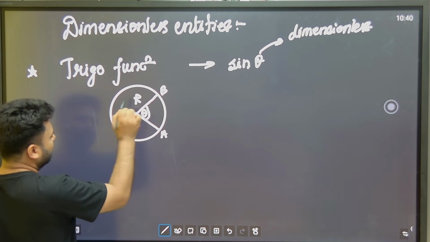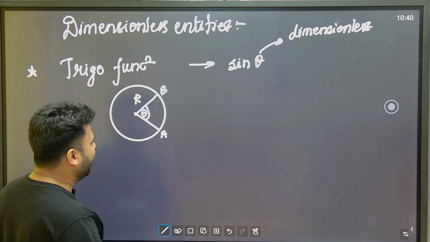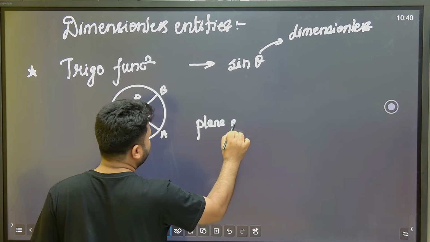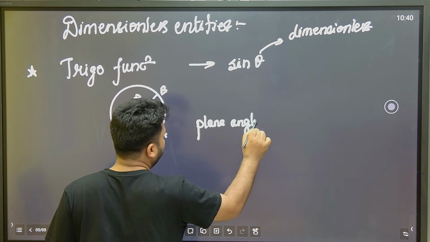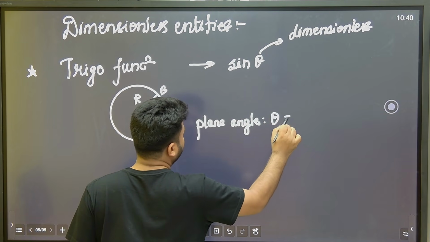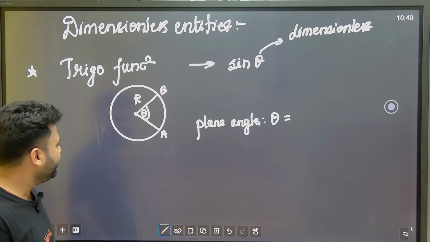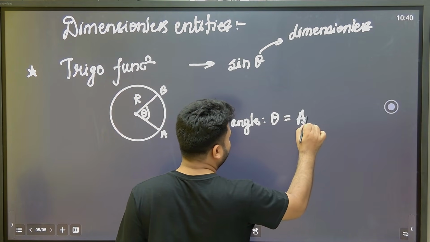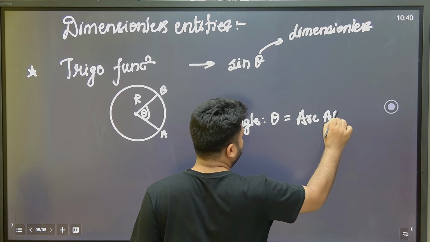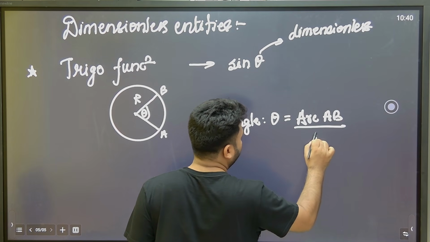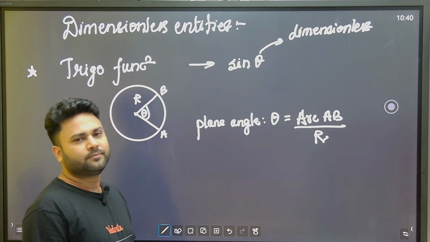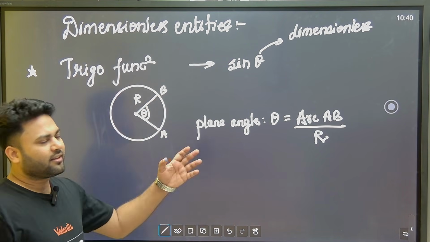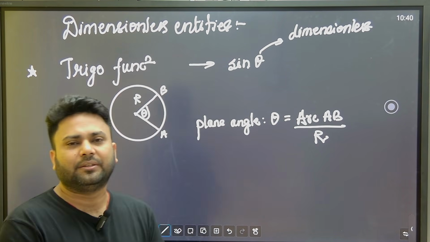R. Now how do we define plane angle theta? It is defined as the ratio of this arc length AB by R. This is how we define theta.